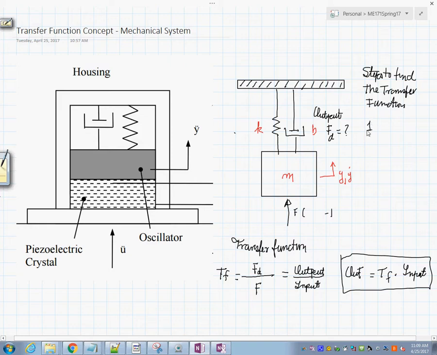Step number one, I'm going to say, is we are going to derive the equations of motion. That means, obviously, in the time domain. The second step we're going to do is apply the Laplace transform. We are going to see in a moment what that is.